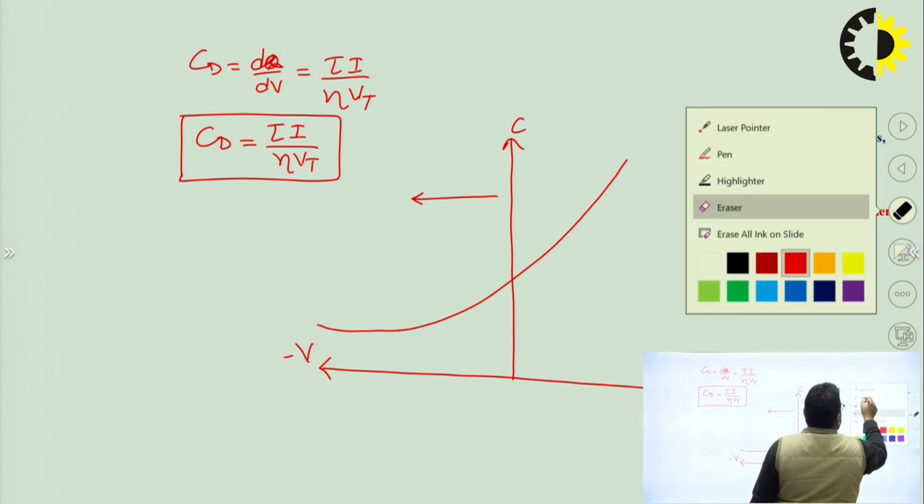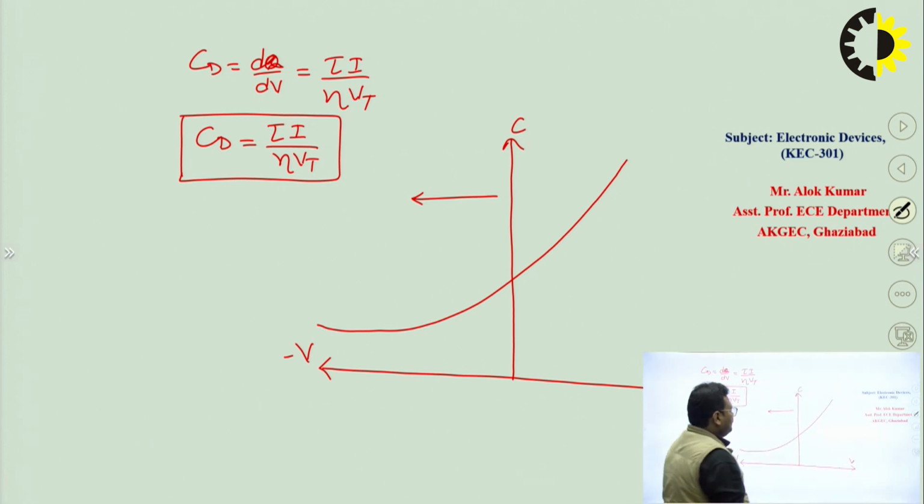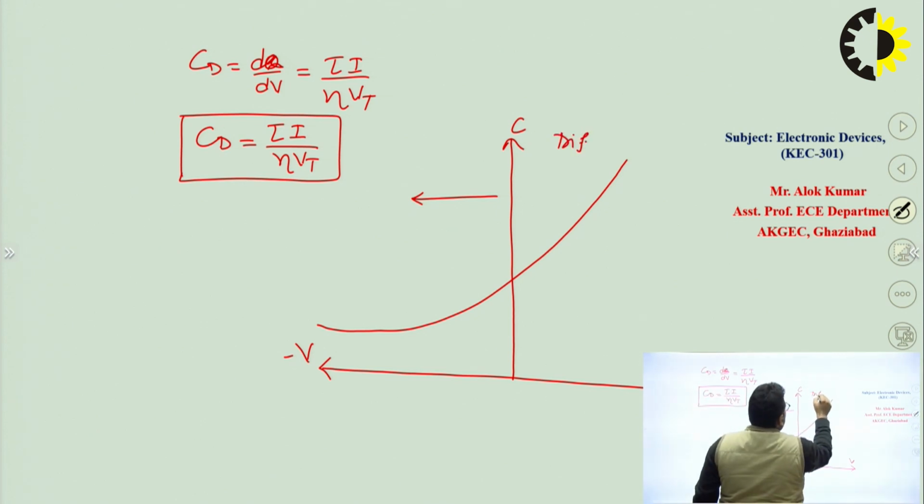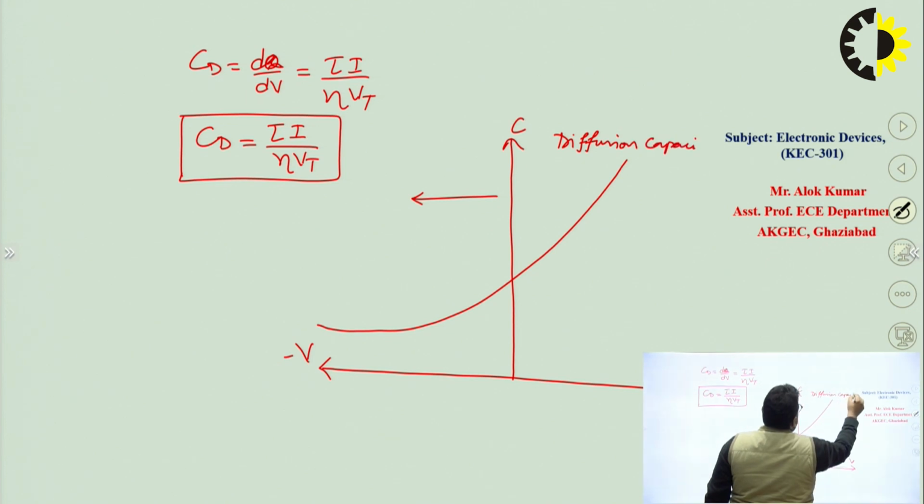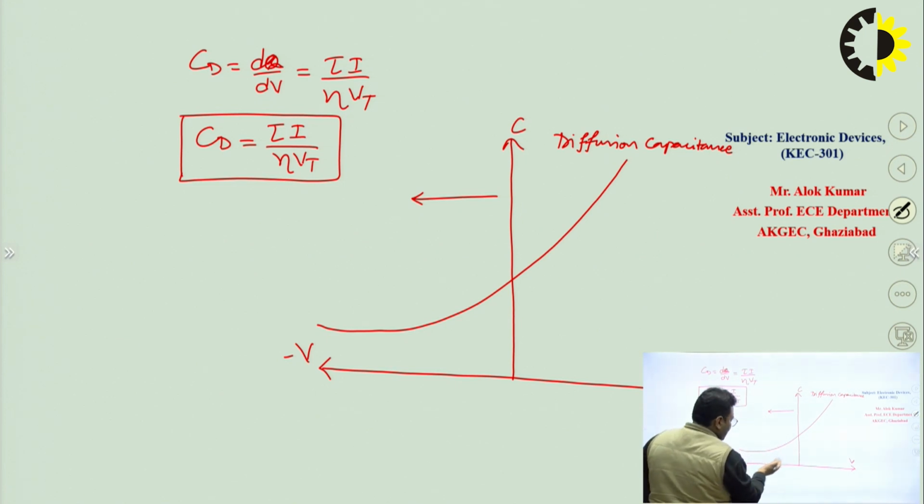Because in case of forward bias the voltage will be positive, and in case of forward bias the capacitance is diffusion capacitance. And on this side, in case of reverse bias, because the voltage is negative, the capacitance is also decreasing. Here we will have transition capacitance.